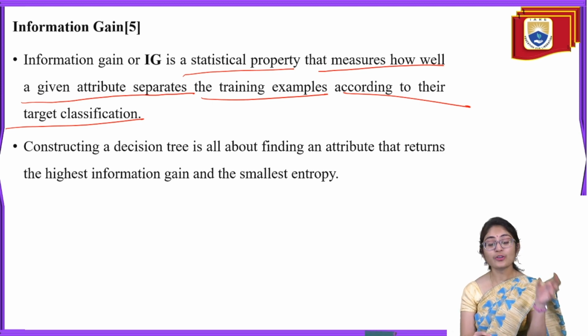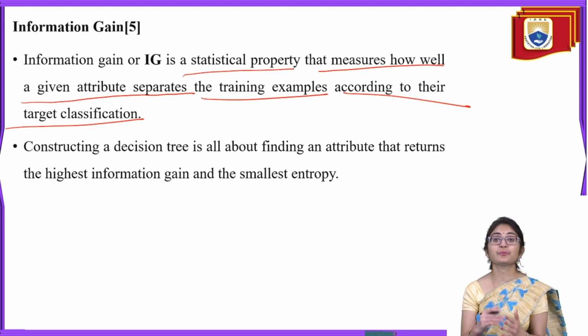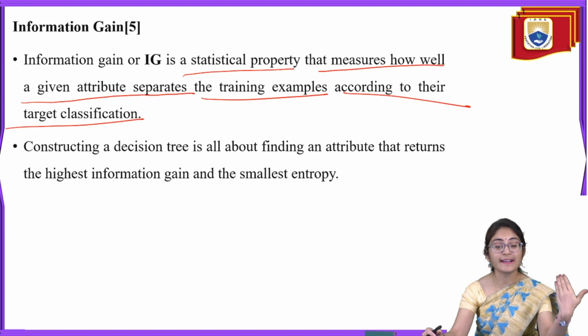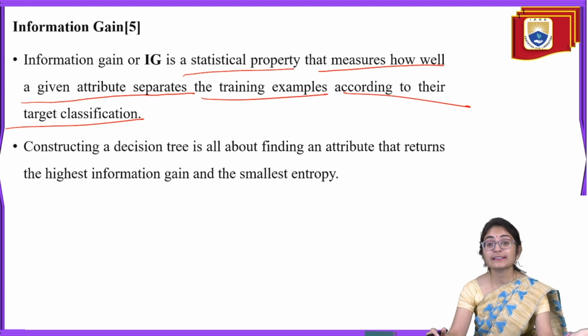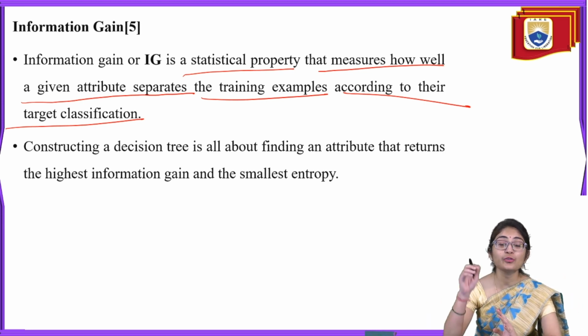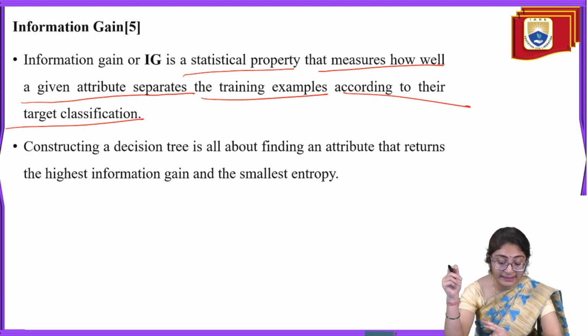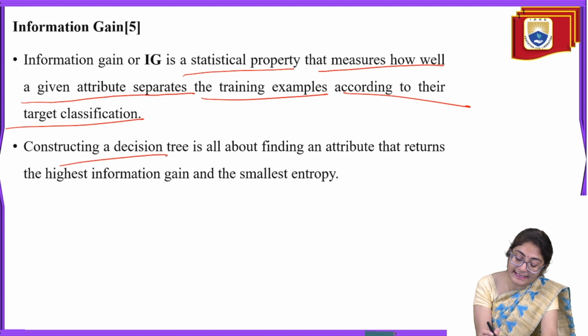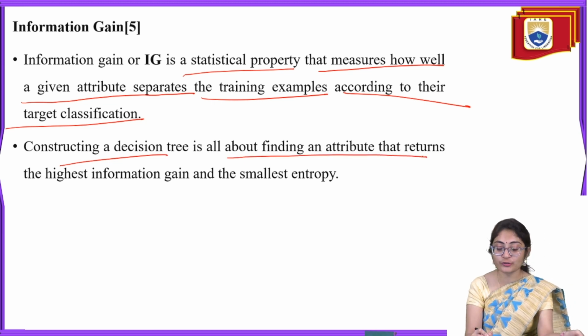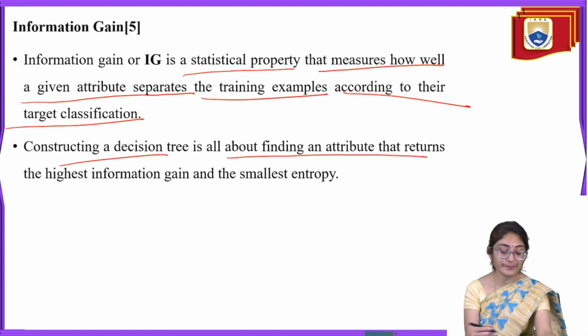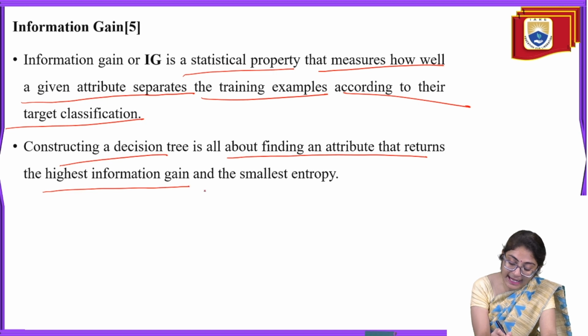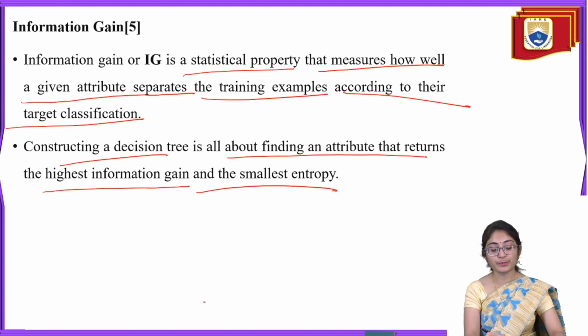Actually, it is one of the statistical properties where you train on some of the attributes, then you separate and reach your target classification. And constructing a decision tree is all about finding an attribute that returns the highest information gain and the smallest entropy.